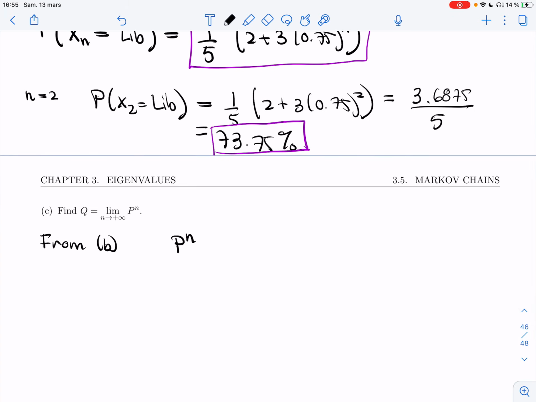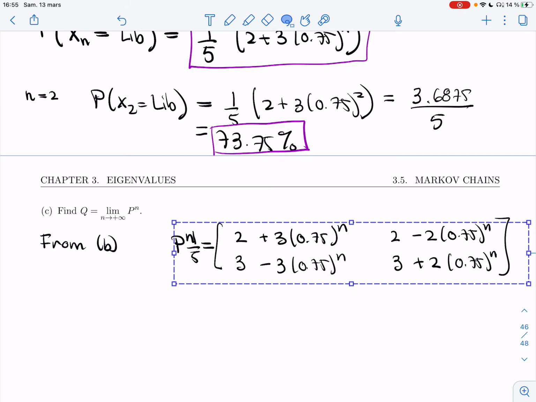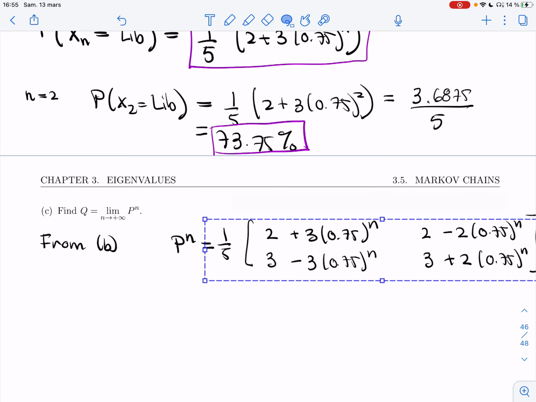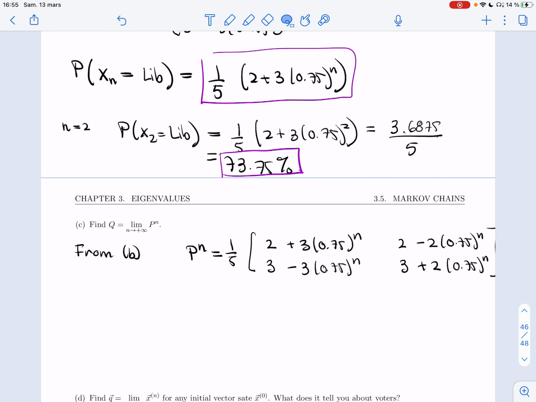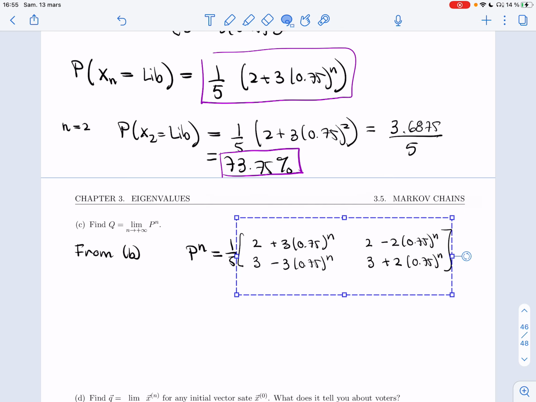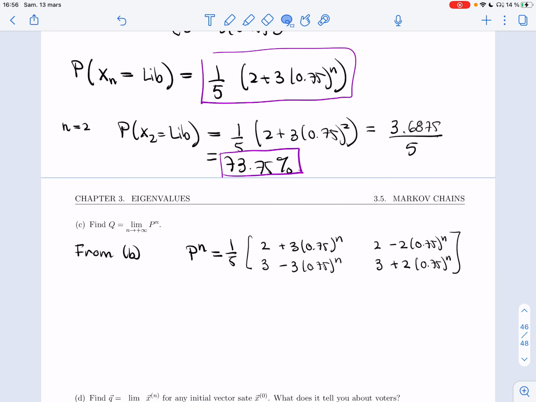So from B, P to the n is this. All right, so I want to compute the limit of it.